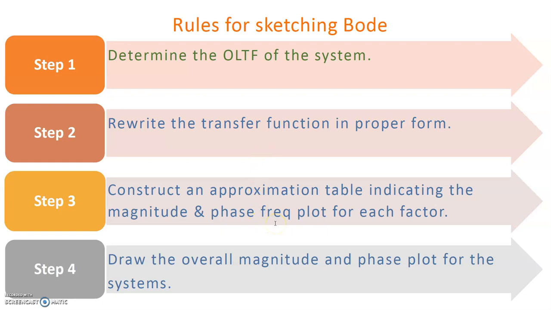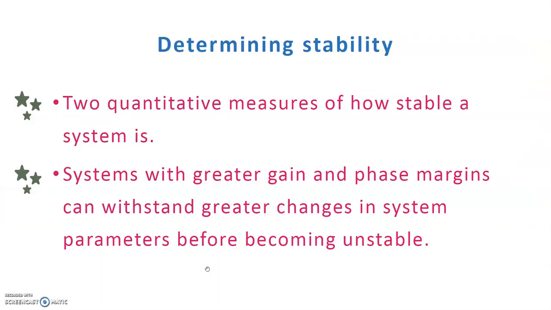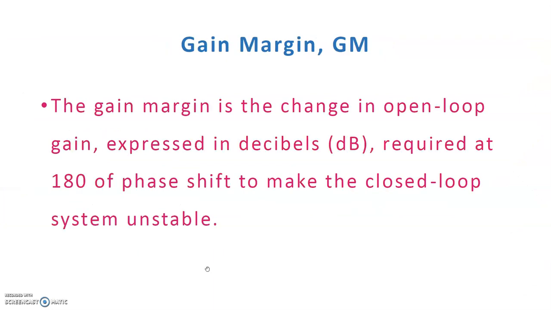We call it the Bode table, indicating the magnitude and phase frequency plot for each factor. This should be based on the frequency response theory. Based on this Bode table, we draw the overall magnitude and phase plot for the system, and based on these phase and magnitude plots, we can determine the stability of the system.